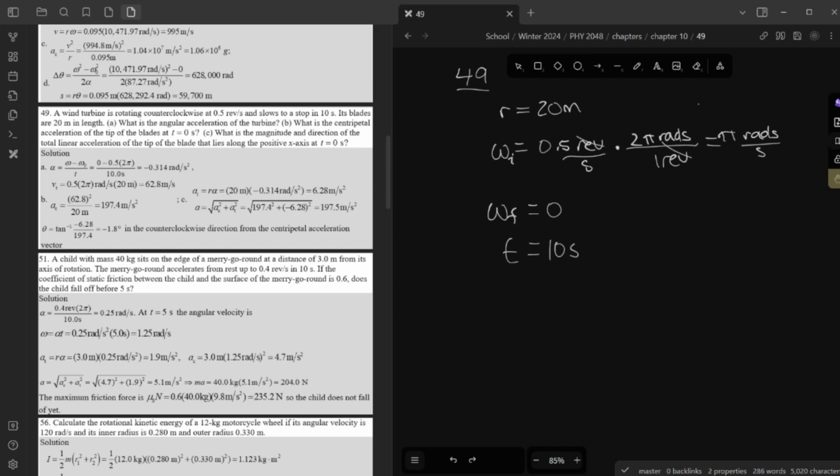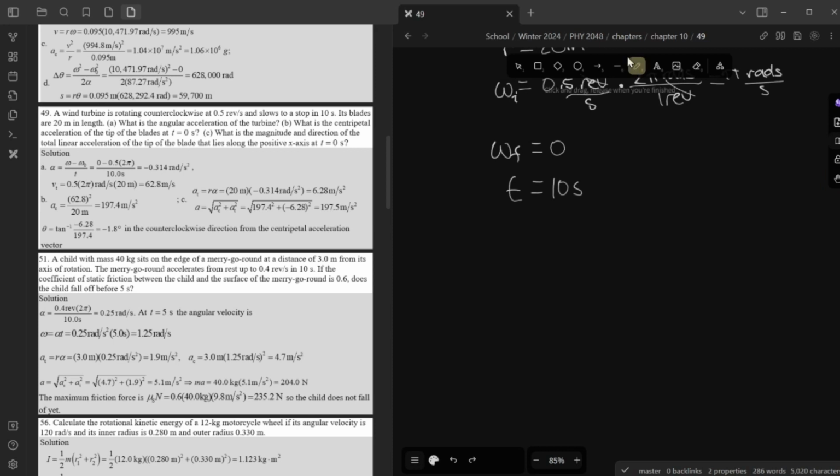Well, if we want to find alpha, we can look to our formula sheet, but we should remember that alpha equals r times a, and this a is your centripetal, let's see, this a, tangential, okay, yeah. Sorry, I can't believe I didn't remember that. So it's the other way around.